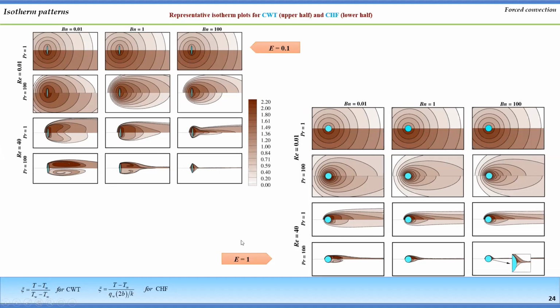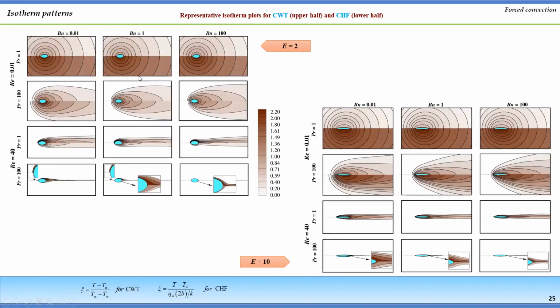So you can see that this slender geometry and this circular geometry have different kinds of isotherm patterns at high Reynolds number. If you move from circular shape to more blunt geometry, then because of the very streamlined flow pattern, we see a very thin thermal boundary layer.